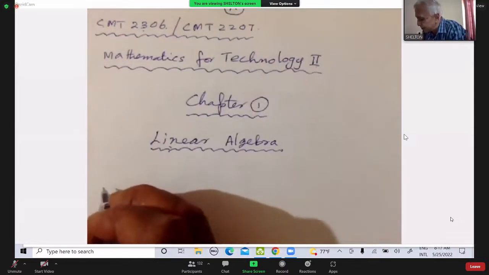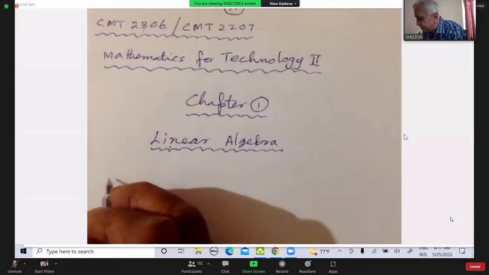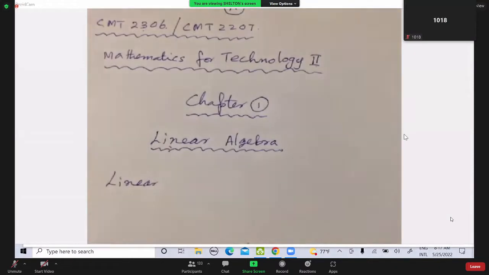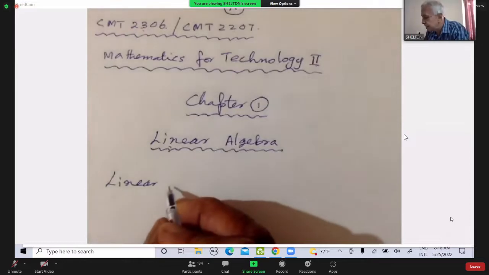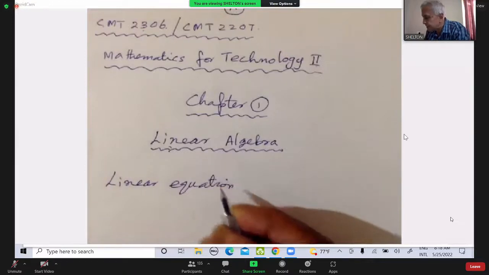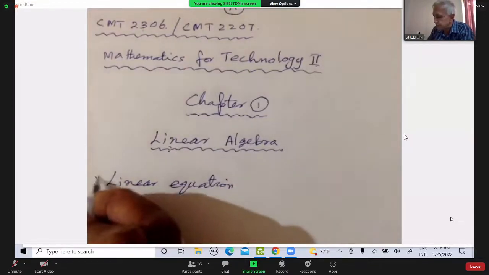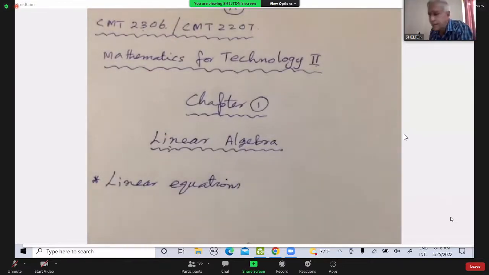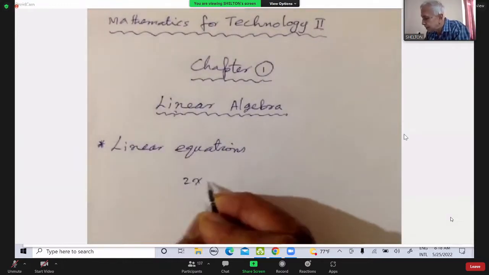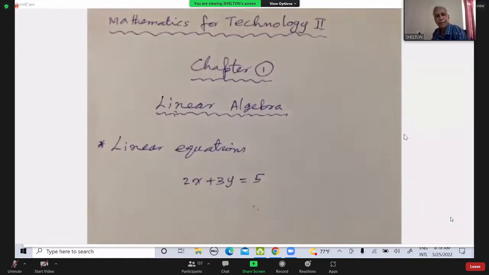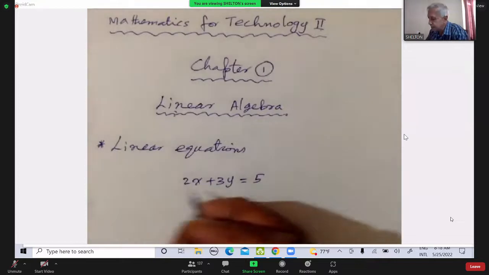So the first thing to define is a linear equation. What is a linear equation? An example is 2x plus 3y equals 5.